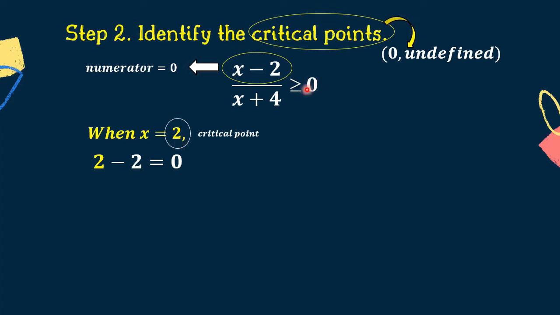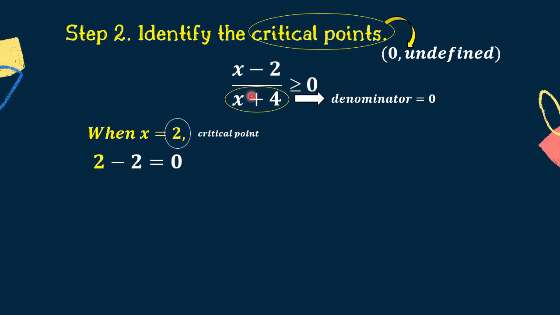Now, how do we arrive at undefined? How will our rational expression become undefined? When the value of our denominator is equal to 0. So what value of x will make our denominator equal to 0?